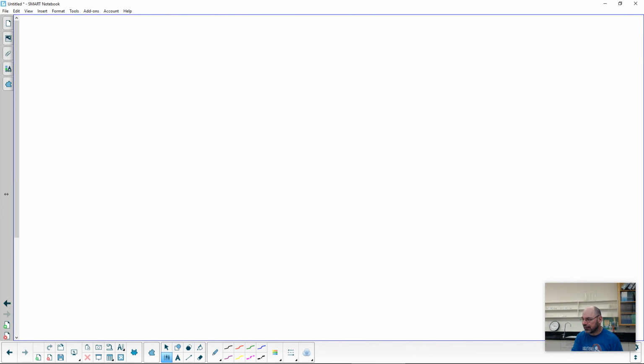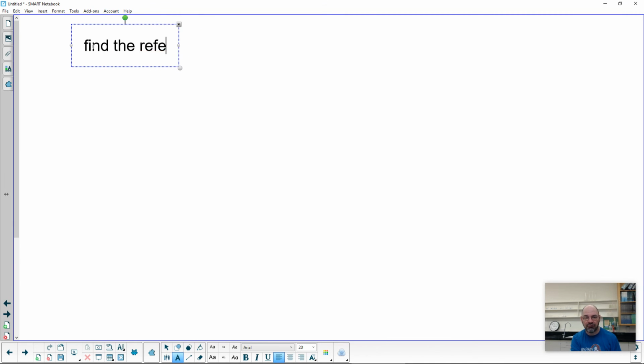Okay, so let's say the question is, find the reference angle for each. Now you can do the backwards thing as well. They might give you the reference angle, and you've got to find the possible angles, and there are 4 possible angles if you're given one reference angle, because there are 4 different quadrants. But the most common question is something like this. Find the reference angle for each.